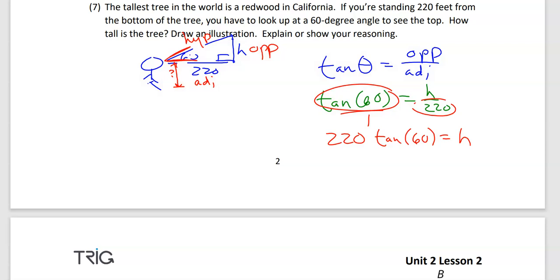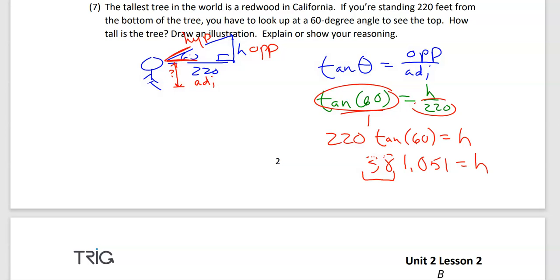So h is 220 times the tangent of 60 degrees. The height of this tree is approximately 381.051 feet. So it's approximately a 38-story building, if you think about 10 feet every story. It's a very tall tree.